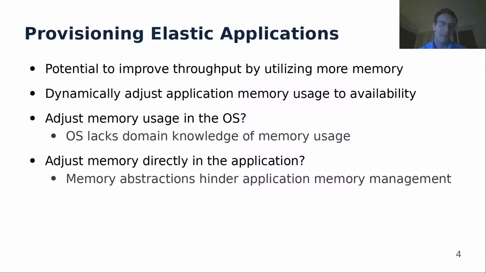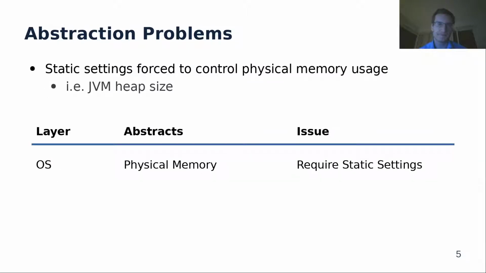However, existing memory abstractions greatly hinder application memory management, and this problem only gets worse as complex applications have multiple layers of memory management, each with their own abstraction. So let's walk through an example of the problems created by memory abstractions in each layer of a Spark stack.